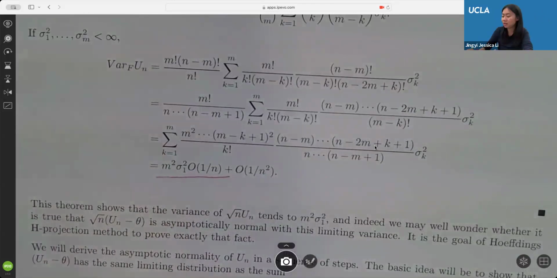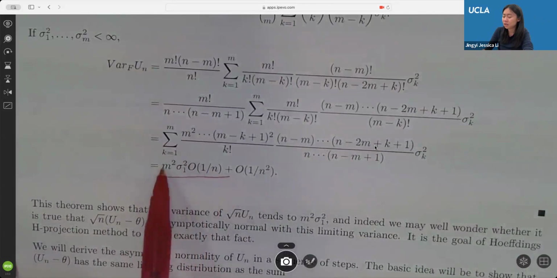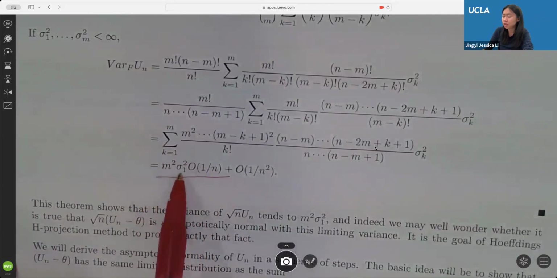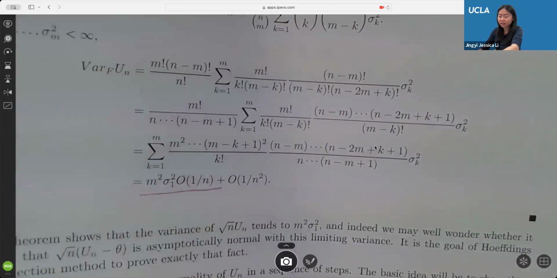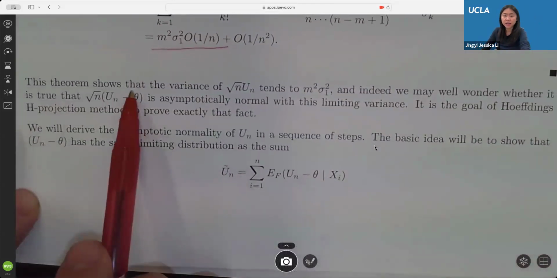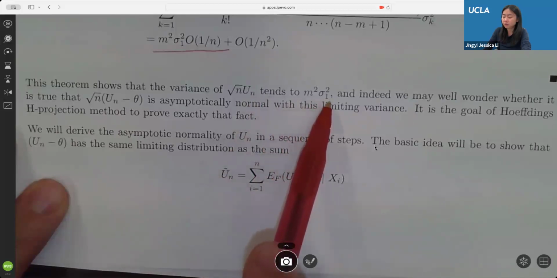By root n, it means that you can cancel out this 1 over n right here. And m squared times sigma squared is the only term left in your asymptotic variance. And other terms will go to 0. This theorem shows that the variance of root n Un tends to m squared sigma squared.